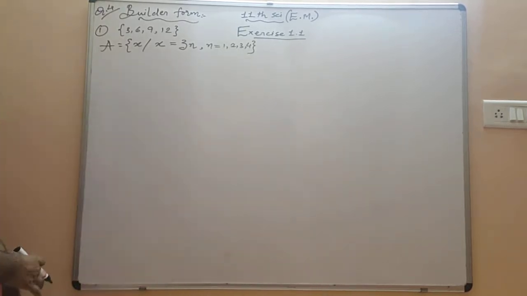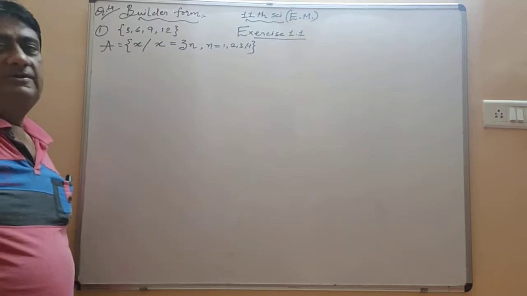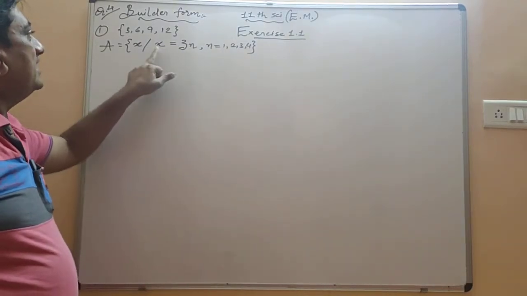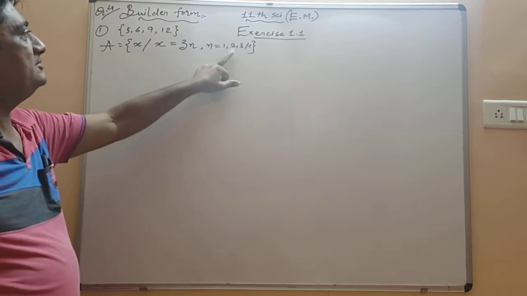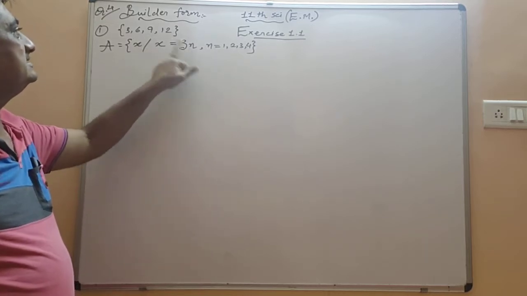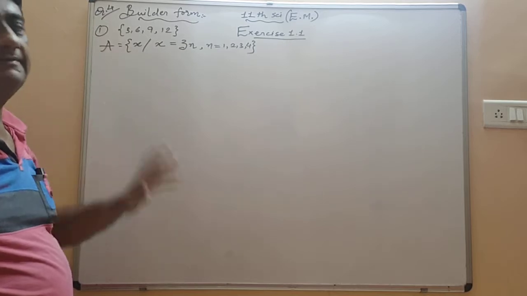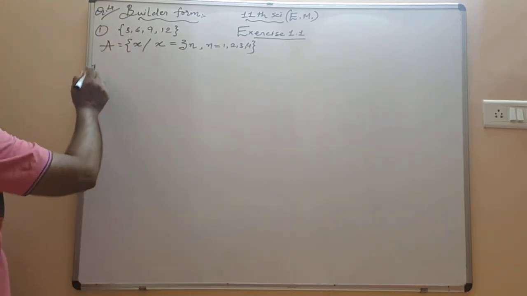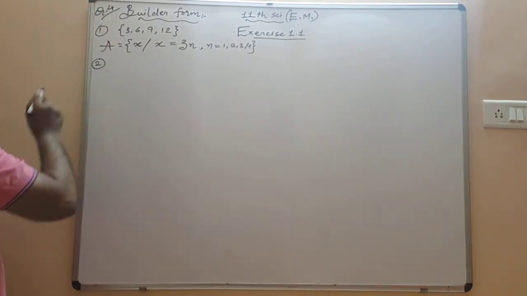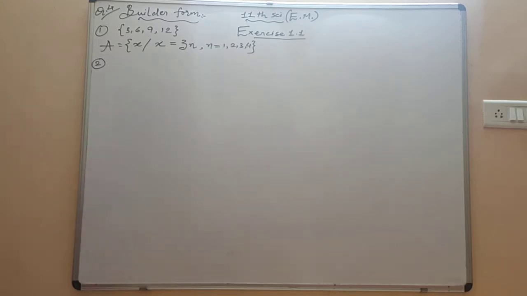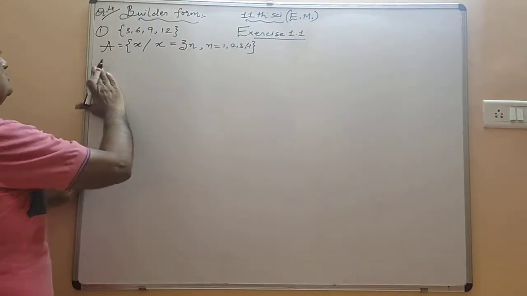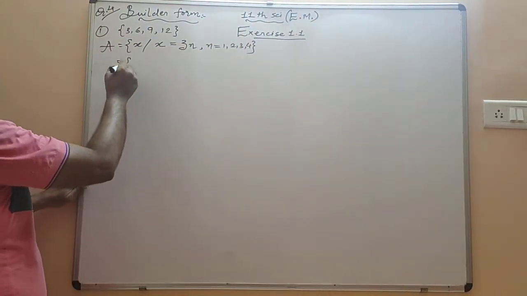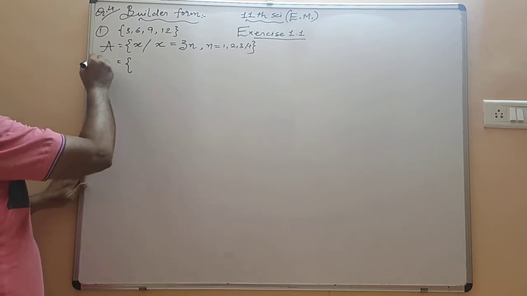It is a builder form. If you put n equal to 1, you get x value 3. For n value 2, 3 2s are 6, 3 3s are 9 and 3 4s are 12. Another way to represent this sum also, you can take it by another method also.